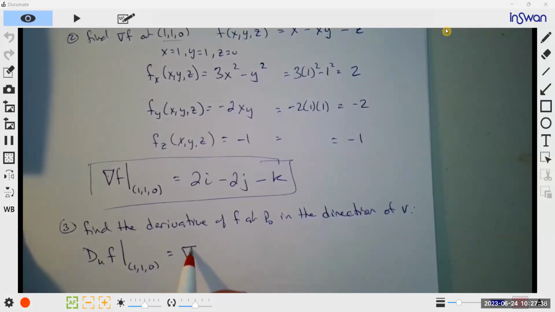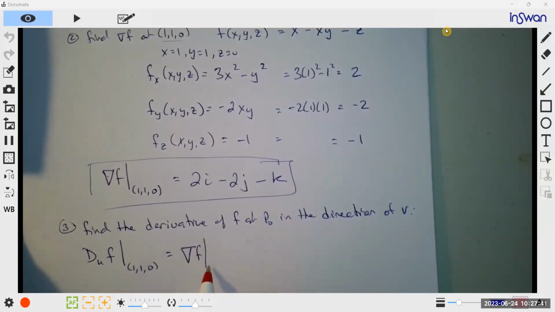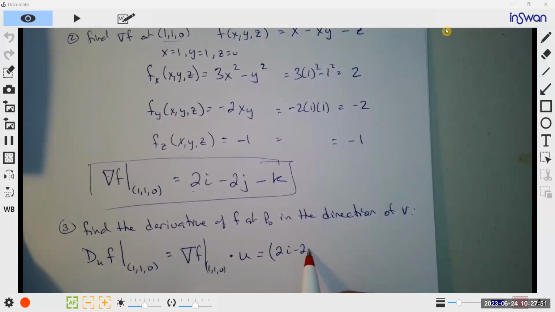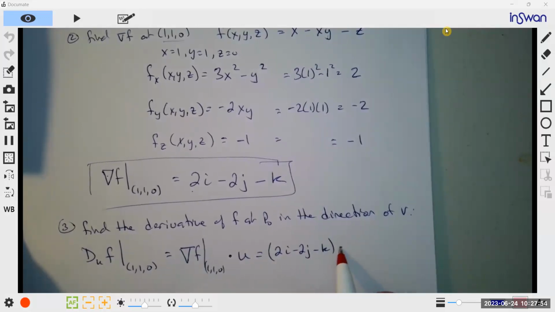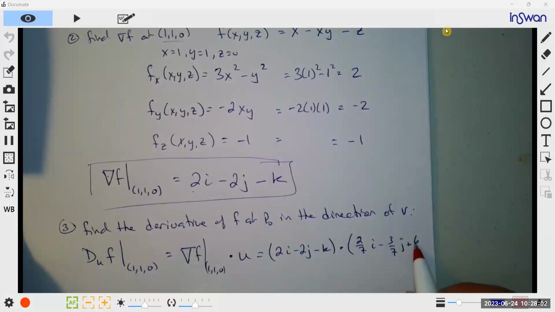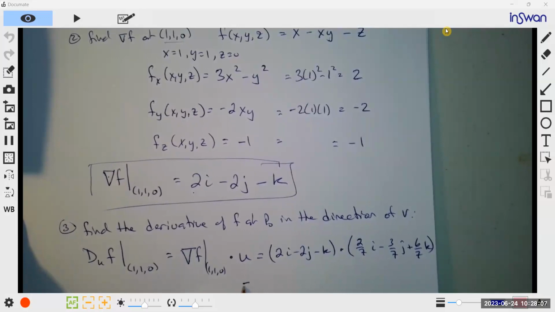And that's the del f at 1, 1, 0 dot u, which is equal to 2i minus 2j minus k dot 2 over 7 i, 3 over 7 j, 6 over 7 k.